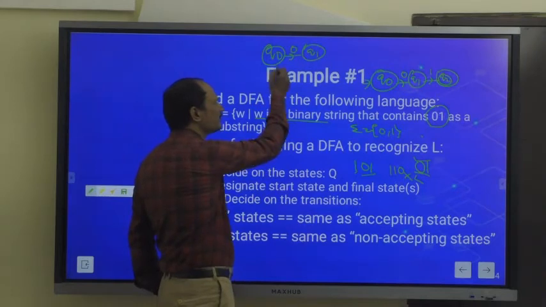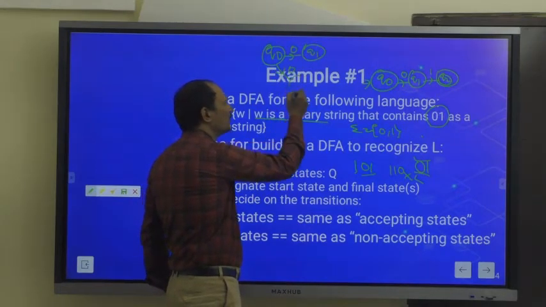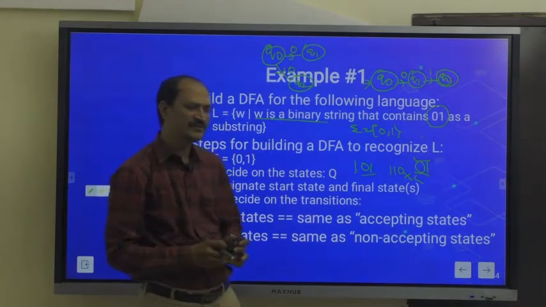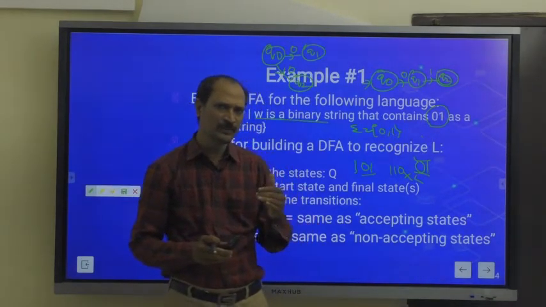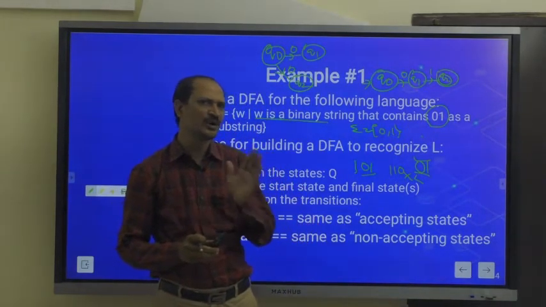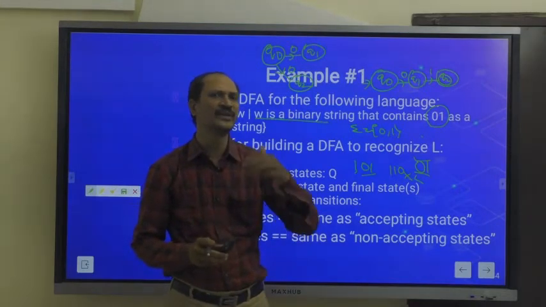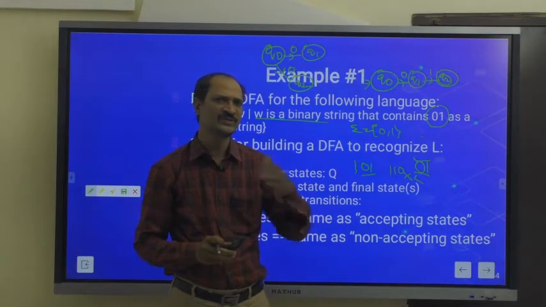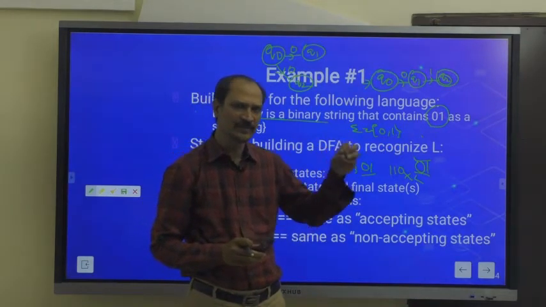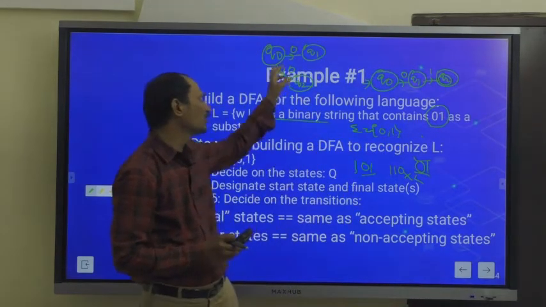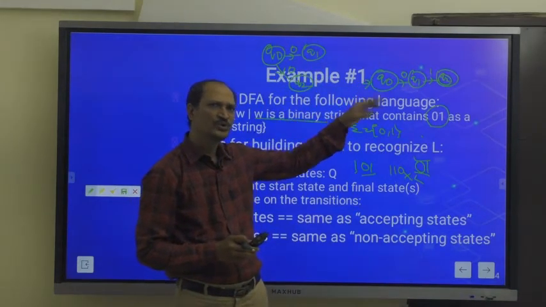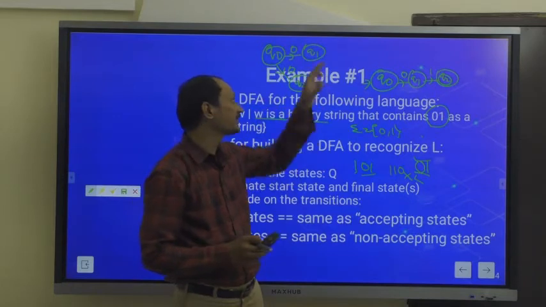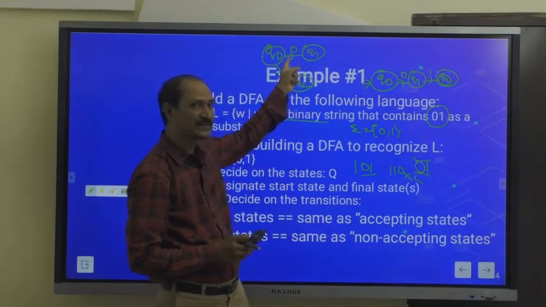In a DFA, whenever you apply a symbol on a state, you should always go to a unique state. You should not go to any other state different from the previous one on the application of the same symbol. So Q0 on 0 should go to Q1, and not to any other state.